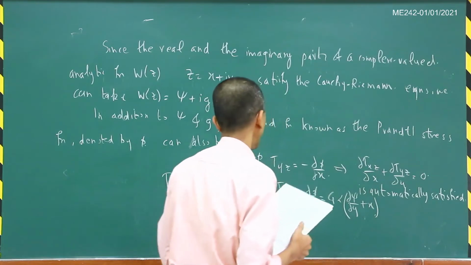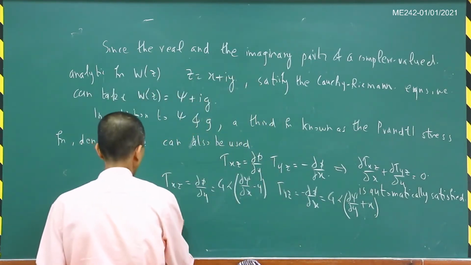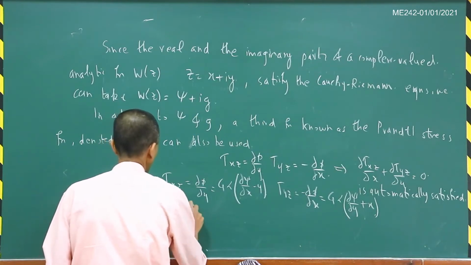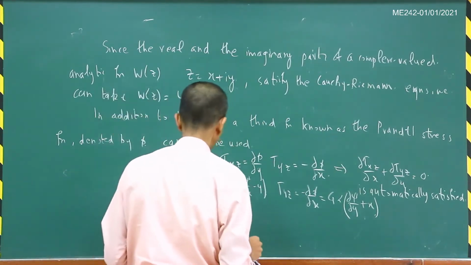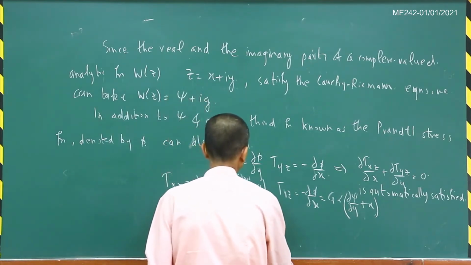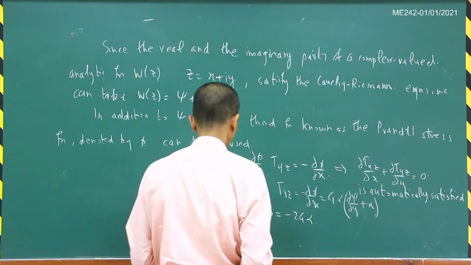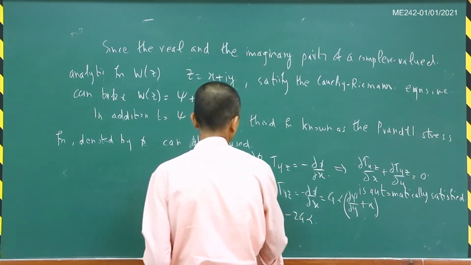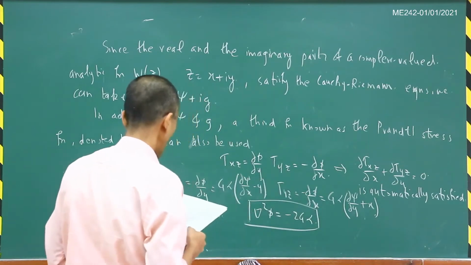And if you eliminate xi, then you will get del square phi equal to minus 2G alpha. So this is the governing equation for this function phi here.